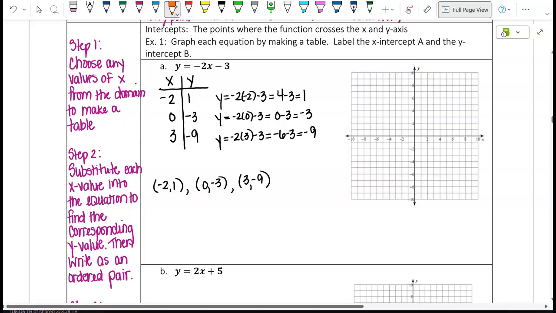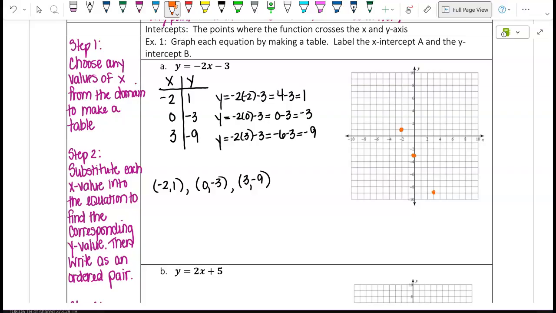All right, so now we need to take those ordered pairs and actually graph them. Negative 2, 1 means I go 2 to the left and up 1. 0, negative 3 means I do not go left or right and go down 3. 3, negative 9, I go 3 to the right and down 9.